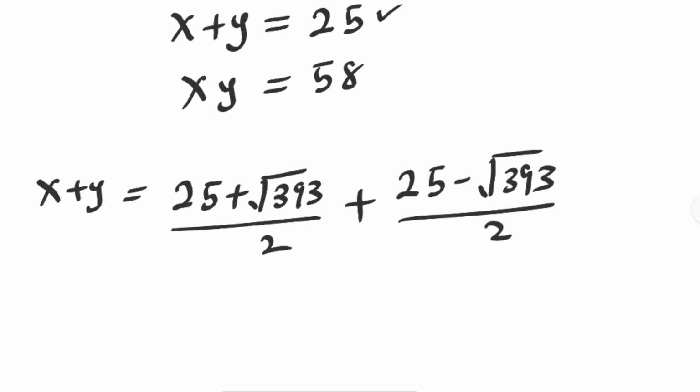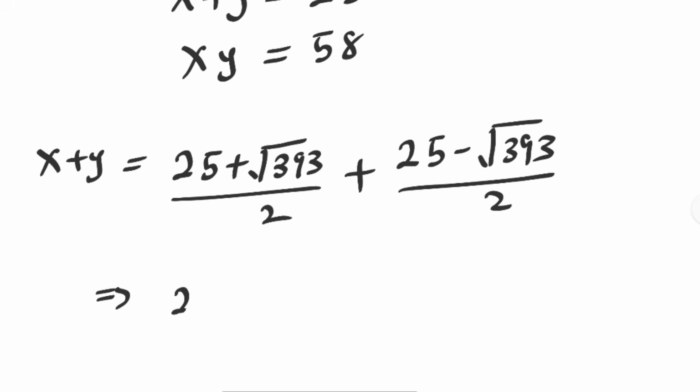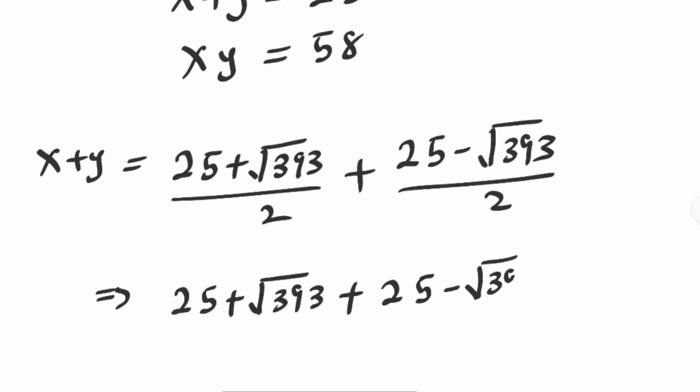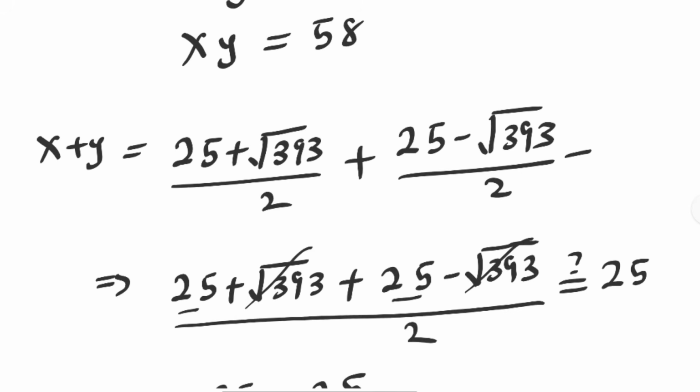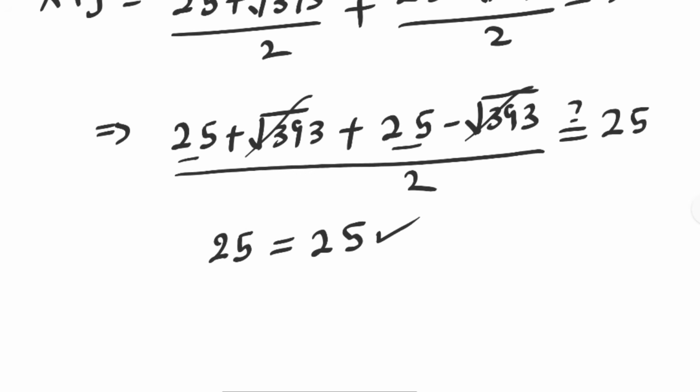The LCM is 2. This can be written as 25 plus root 393 plus 25 minus root 393 divided by 2. This cancels this. Then 25 plus 25 is 50, divided by 2 is 25, and this must be equal to 25. You can see that the left hand side is equal to the right hand side, which is true.